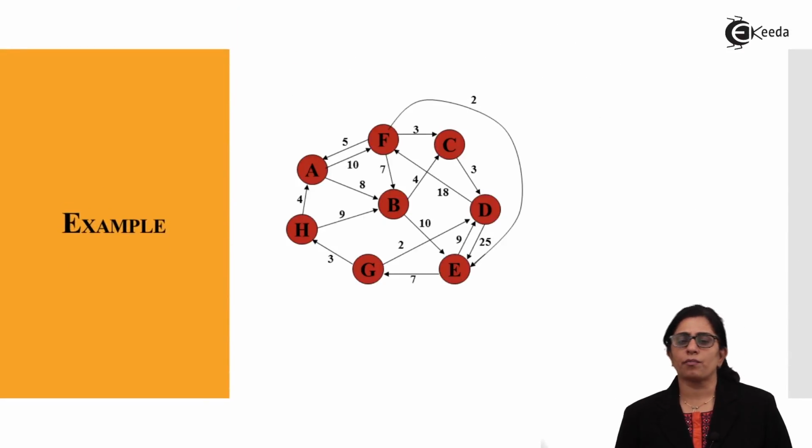In this example, I have a graph which is a directed weighted graph. As we can see, there are 8 nodes or vertices.